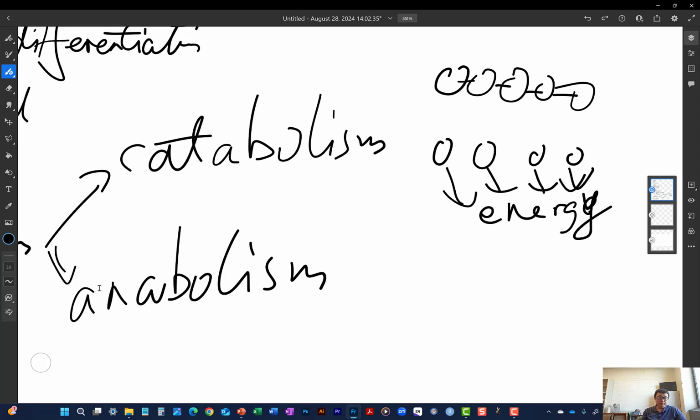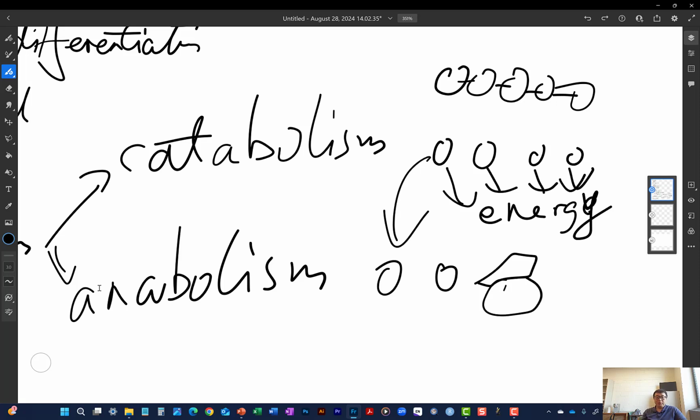Basically, catabolism digests or breaks down food or any big molecules into small molecules and then harvests energy from the big molecules. And sometimes catabolism not only breaks down the molecules to harvest energy, it also gets building materials.